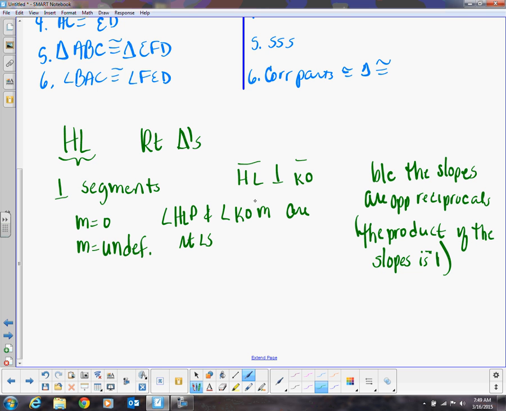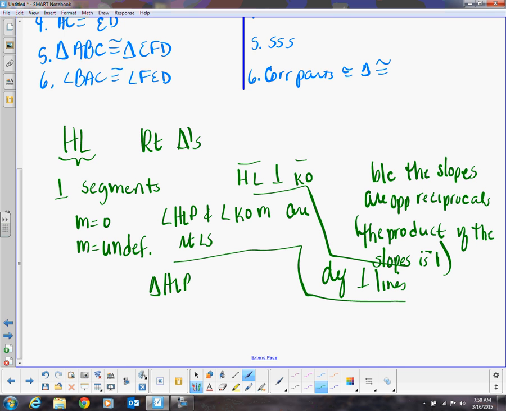And that would be the definition of perpendicular lines. And then from there, we would say triangle HLP and triangle KOM are right triangles, and that would be the definition of right triangles.